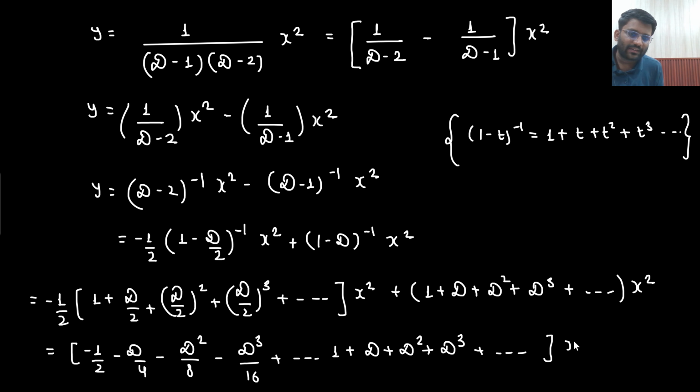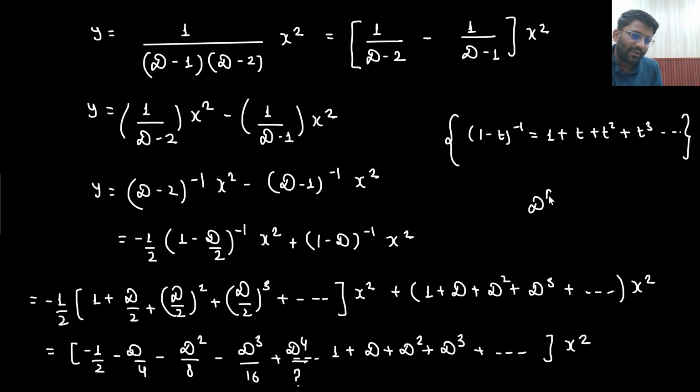Can anyone let me know why I am not writing the terms after d cube? I don't even need to write down d cube as well. Why is that so? Because you know that d cube x square will give you 0 only. Till this point only you will get some non-zero answer. What will be the next step? It will be d to the power 4 divided by something that I don't know, but d to the power 4 x square will give me 0 only.